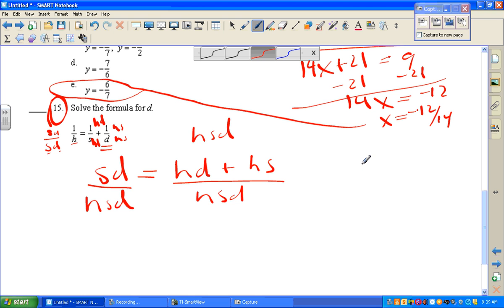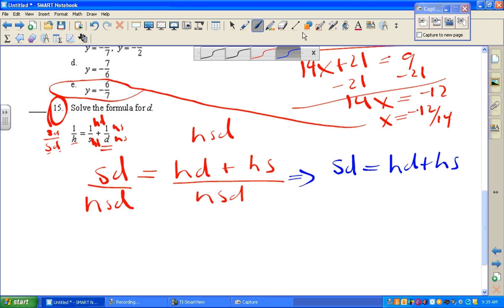I've said this like 3 times in the first chapter. If you have denominators the same on both sides, what do you know about the numerators? They have to be equal to each other. So this means that you can just say SD equals HD plus HS. How do you get D by itself? Au contraire.